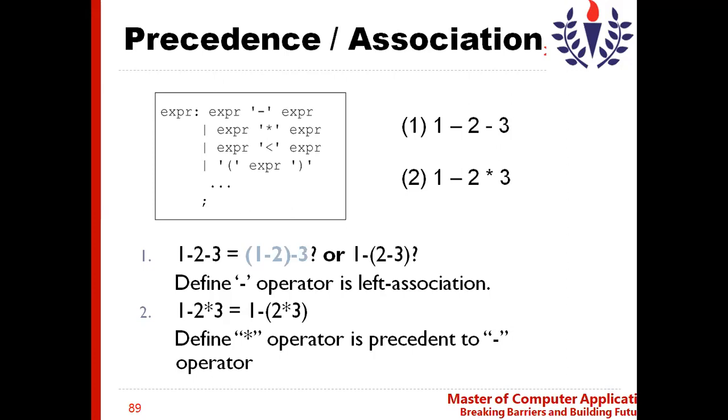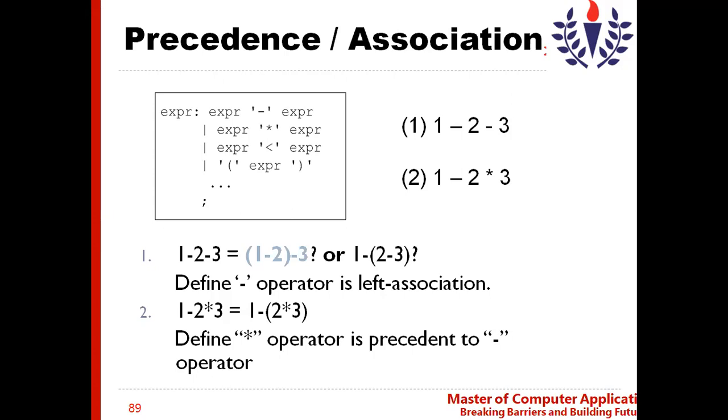Now we'll move on to the next topic, precedence and associativity. The way precedence and associativity relate to the lex and yacc program is when any expression is given. When you evaluate an expression, you have to follow certain precedence rules and associativity rules.